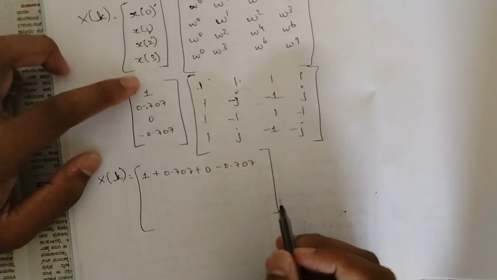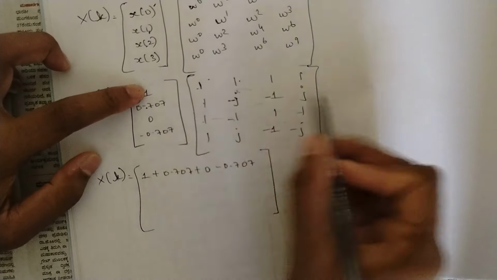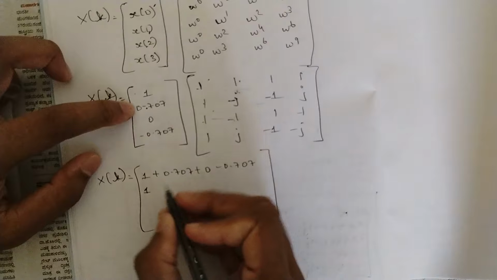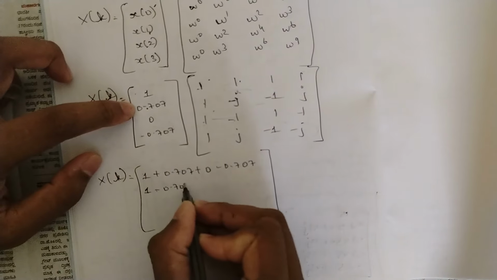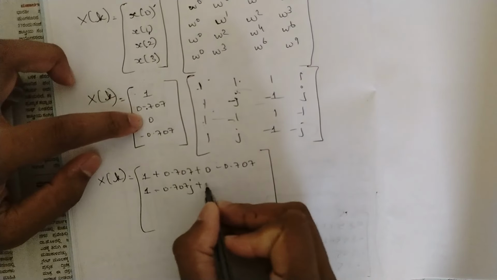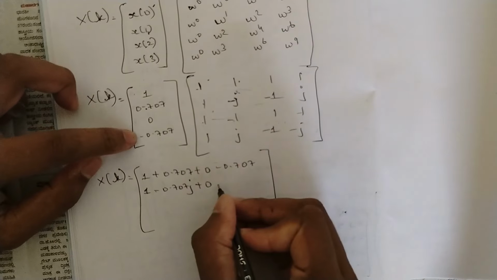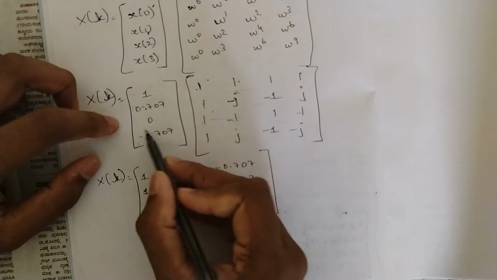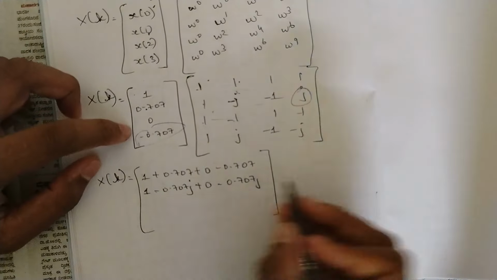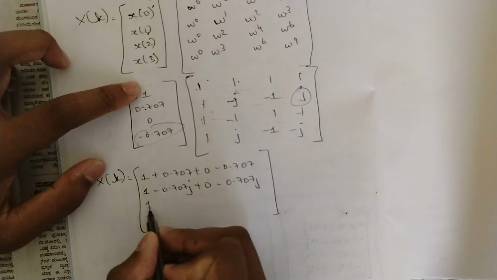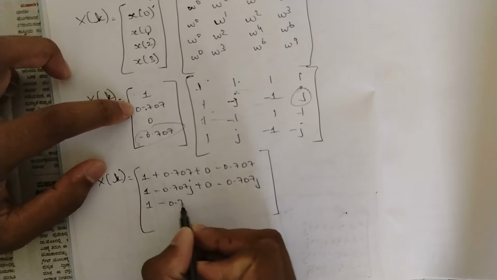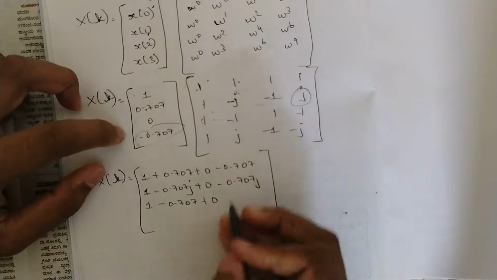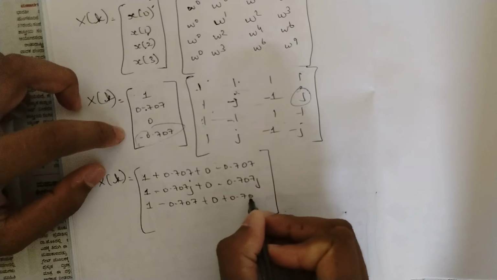Then with the second column, 1 ones are 1, 0.707 into minus j, that is minus 0.707j, plus 0, then we have minus 0.707j again, because we are multiplying it with this. Then for the third column, 1 ones are 1, minus 0.707, plus 0, minus into minus is plus, so plus 0.707.